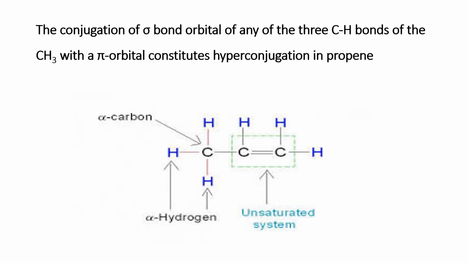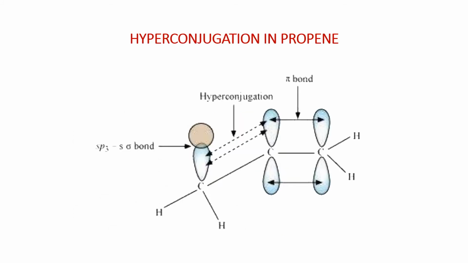The conjugation of the sigma bond orbital of any of the three carbon-hydrogen bonds of the methyl group with a pi orbital constitutes hyperconjugation in propene. In the case of propene, the methyl group is attached to a carbon-carbon double bond that has a pi bond.